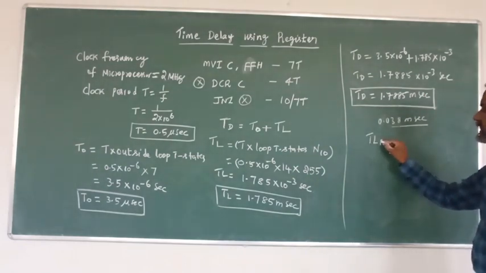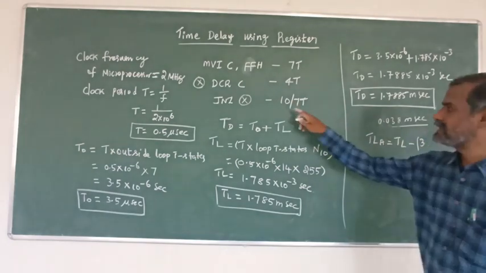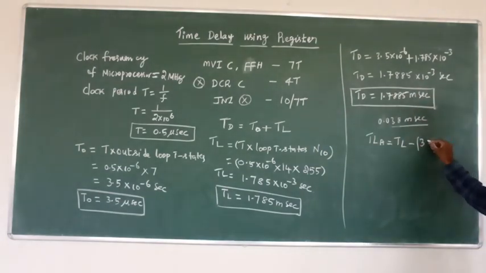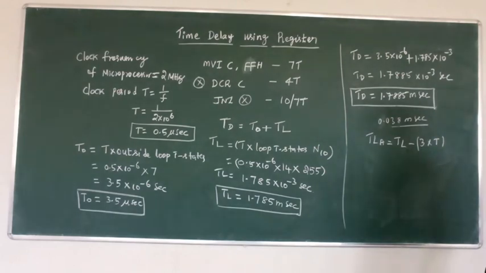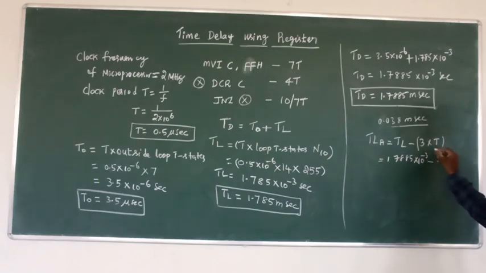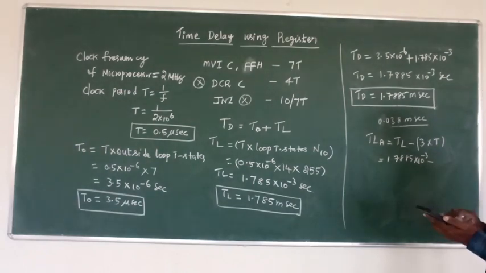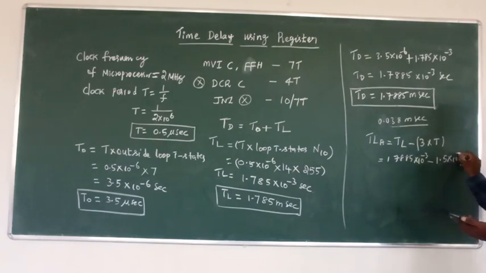So, no need to calculate TLA, the time adjustment delay. Okay, the formula for TLA: TL minus 3, the difference in T states, 3 into the time period. This is for the TL value, 1.7885 milliseconds, into 10 to the power of minus 3, minus 3 into 0.5 microsecond. We can get the result 1.5 into 10 to the power of minus 6.